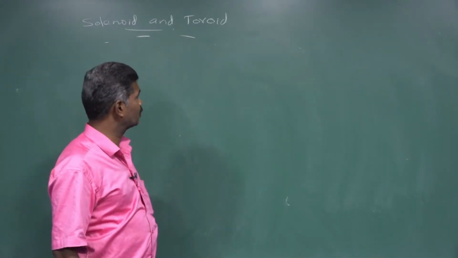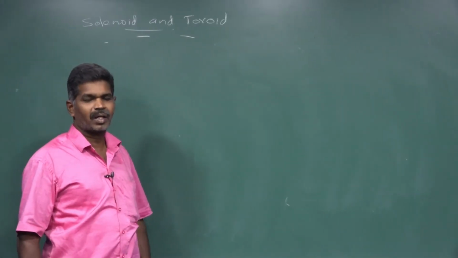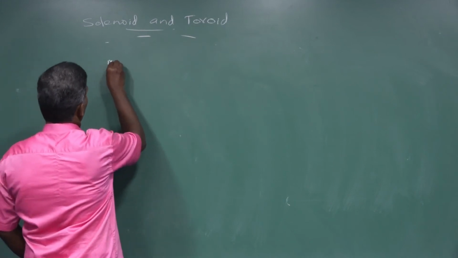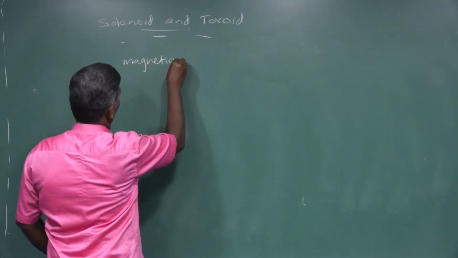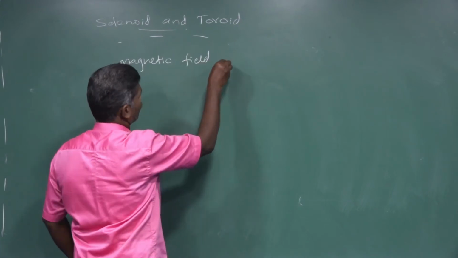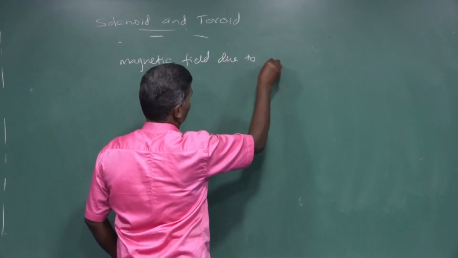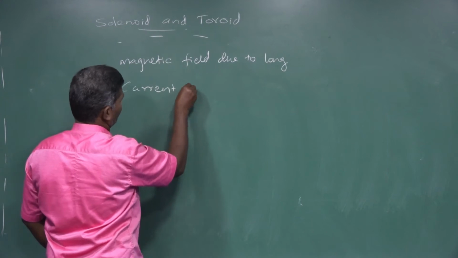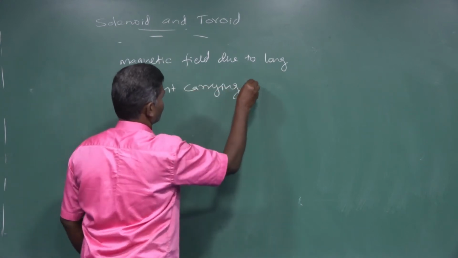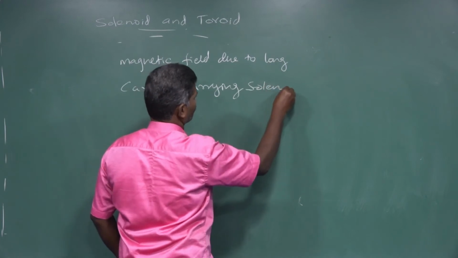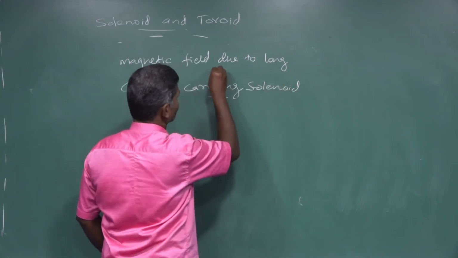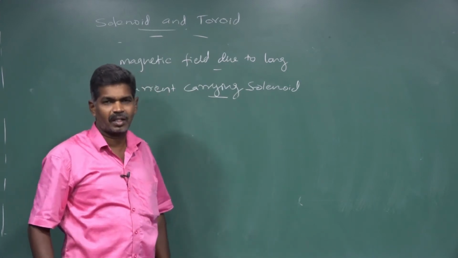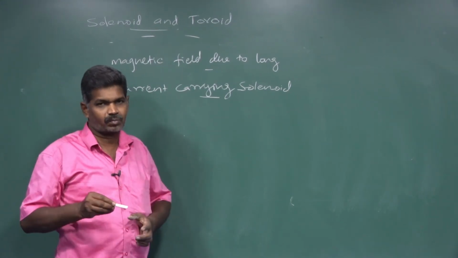Next we are going to derive the expression for the magnetic induction due to a long current carrying solenoid. The magnetic field due to a long current carrying solenoid, derivation we are going to see. The long solenoid has a length too large as compared to the diameter, and the turns are very closely wound.